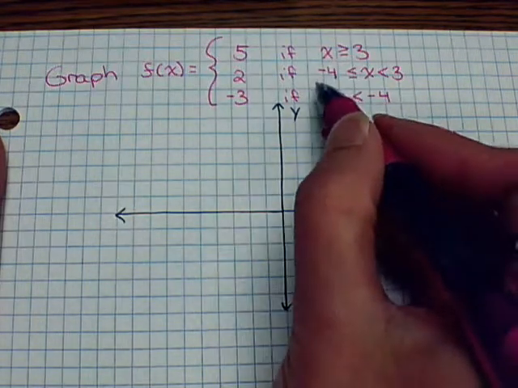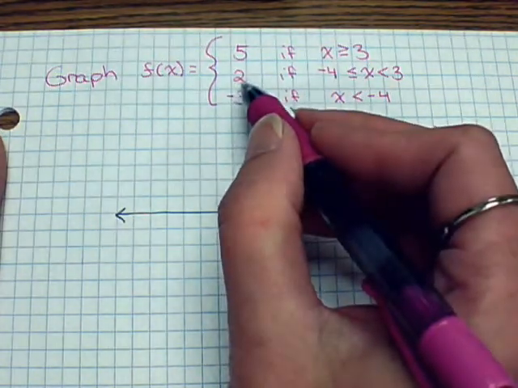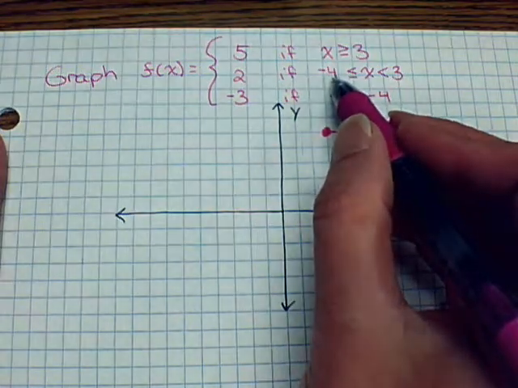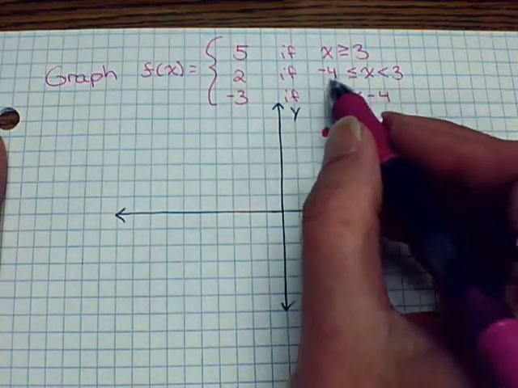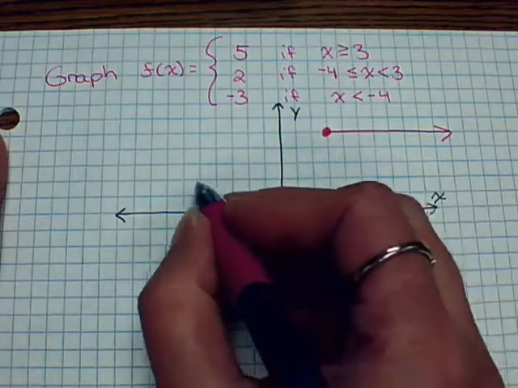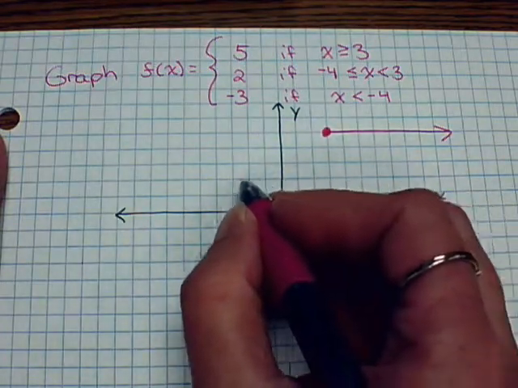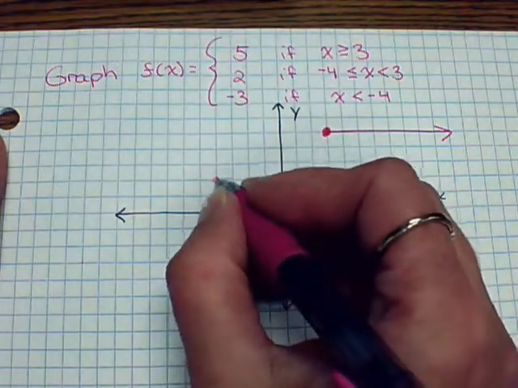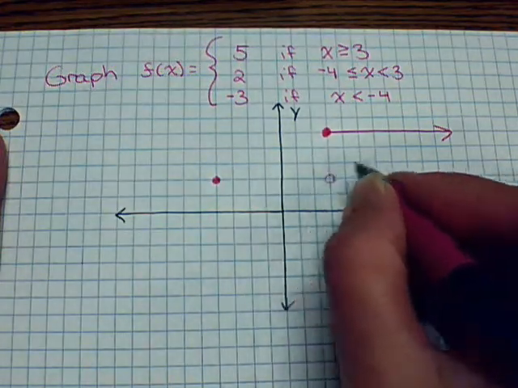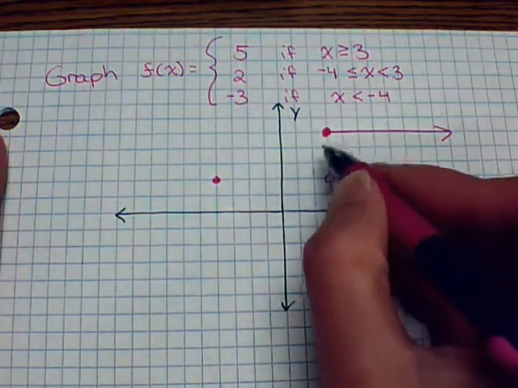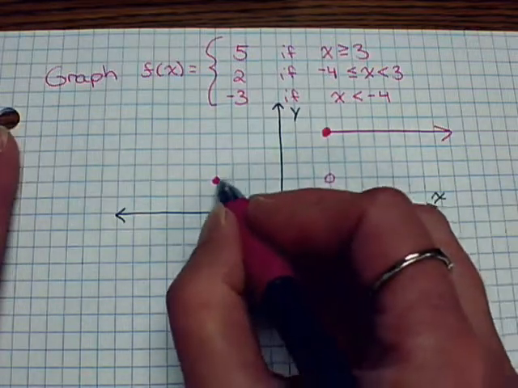The next piece is the line y equals 2 between -4 and 3, including -4. So here's where y is 2. It says we're going to start at -4 and go up to 3, but not include 3 because it's already included up here.